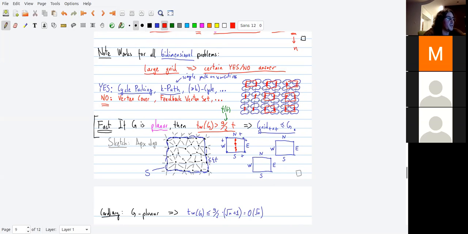By planarity, you can argue that you can choose it as a curve going from north to south of length at most t. Then you can proceed as in our approximation algorithm, namely decompose this part separately, decompose this part separately, and glue together the results.